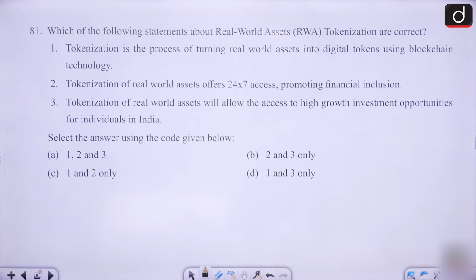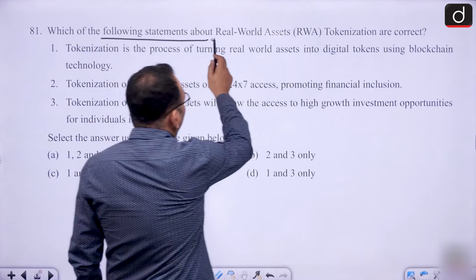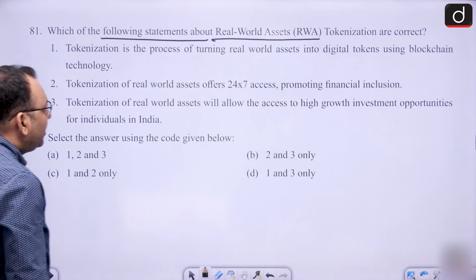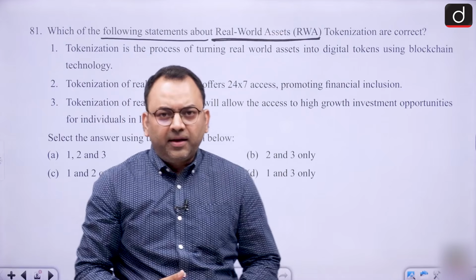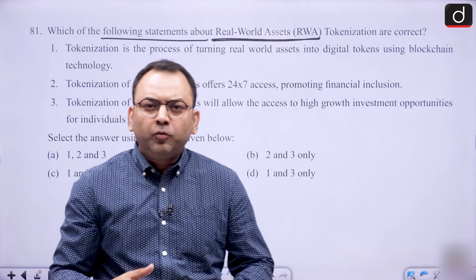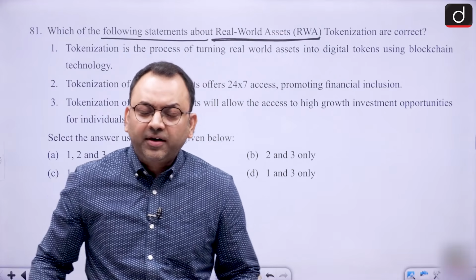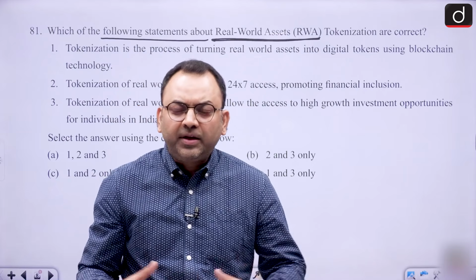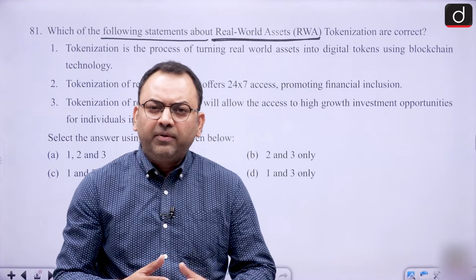The next question is, which of the following statements about the real world assets RWA tokenization are correct? Friends, what is tokenization? Suppose you want to buy a painting, a monument, or any historical antique. It's not possible to buy a very big property, big monument, or a very costly painting.